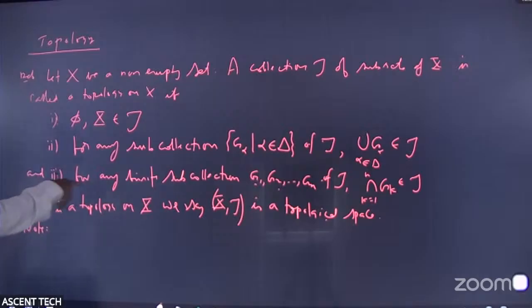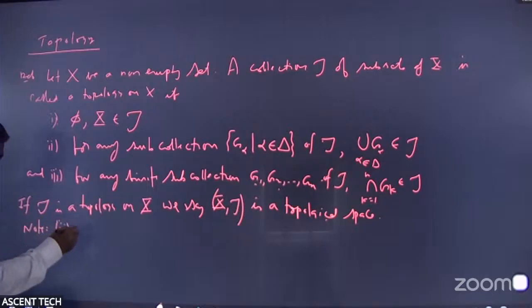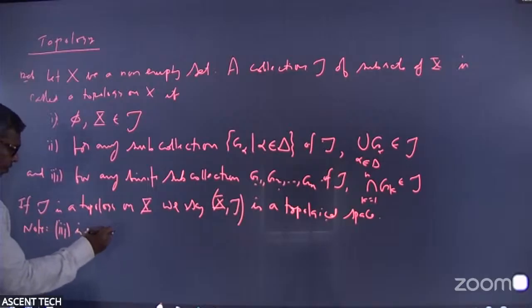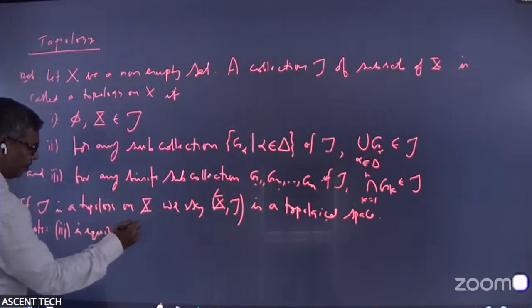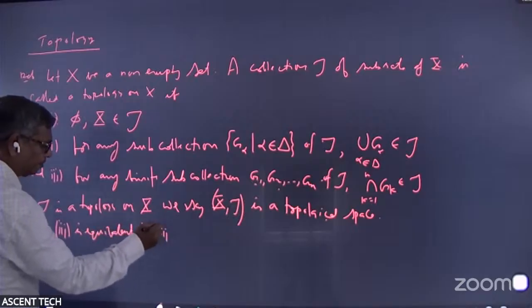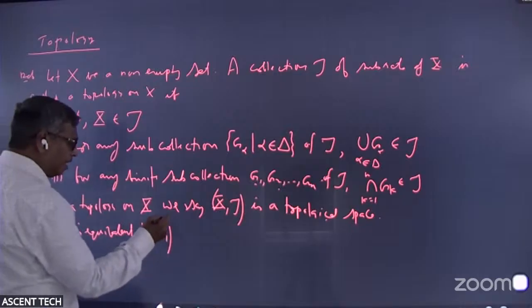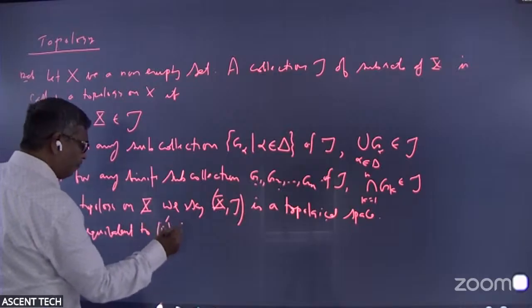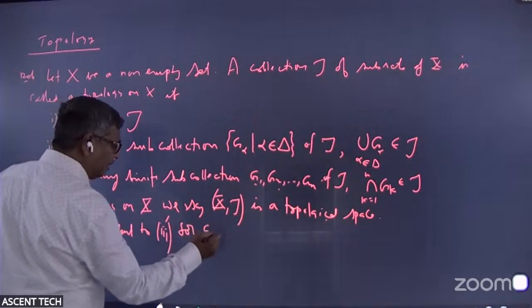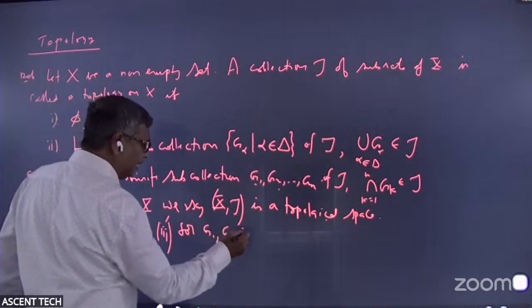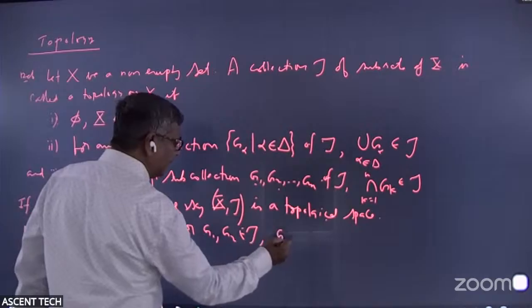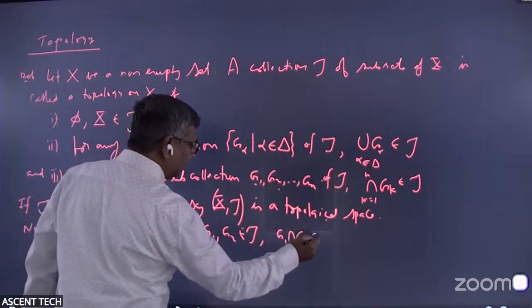Note, if you really look at condition 3, which is that T is closed under finite intersection, you can see mathematical induction can be applied to show that 3 is equivalent to 3 dash, which is: for G1, G2 in T, G1 intersection G2 is in T. That's enough.